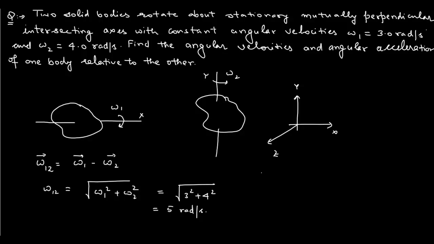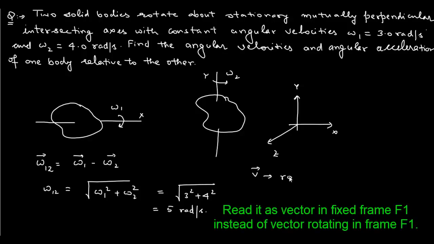So in the first approach I am using a basic definition approach, in which suppose we have a vector v, and this is a vector that is rotating. This vector v is rotating in a fixed frame, say f1.